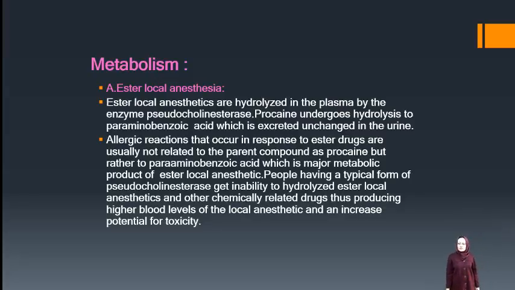Allergic reactions that occur in response to ester drugs are usually not related to the parent compound, such as procaine, but rather to para-aminobenzoic acid, which is the major metabolic product of ester local anesthetics. People having an atypical form of pseudocholinesterase have an inability to hydrolyze ester local anesthetics and other chemically related drugs, thus resulting in high blood levels of the local anesthetic and an increased potential for toxicity.